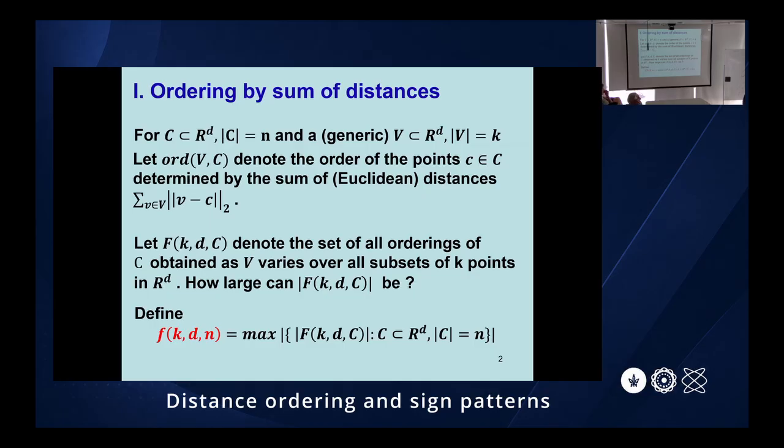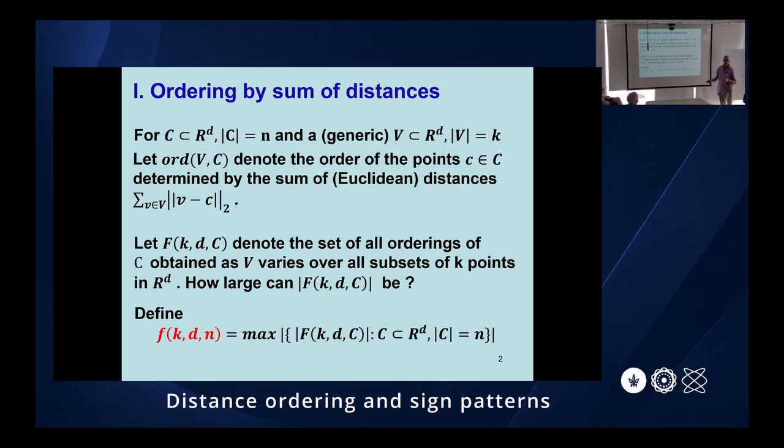This is the maximum possible number of orderings of a fixed set C in d-dimensional space, of size n, where we order them by the sum or average of distances from k points.